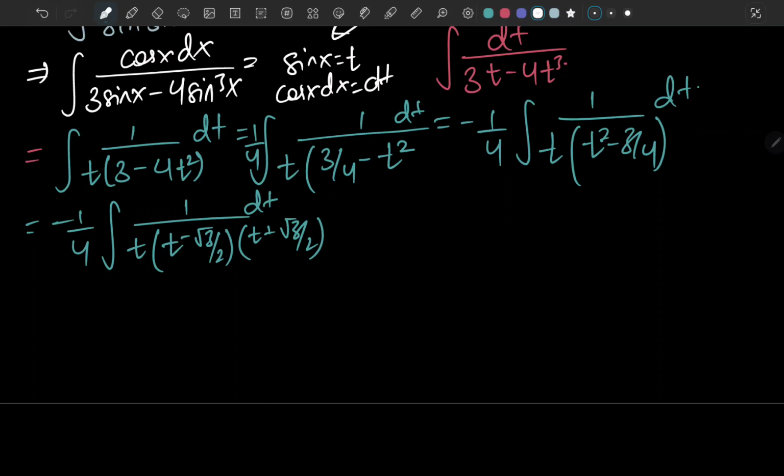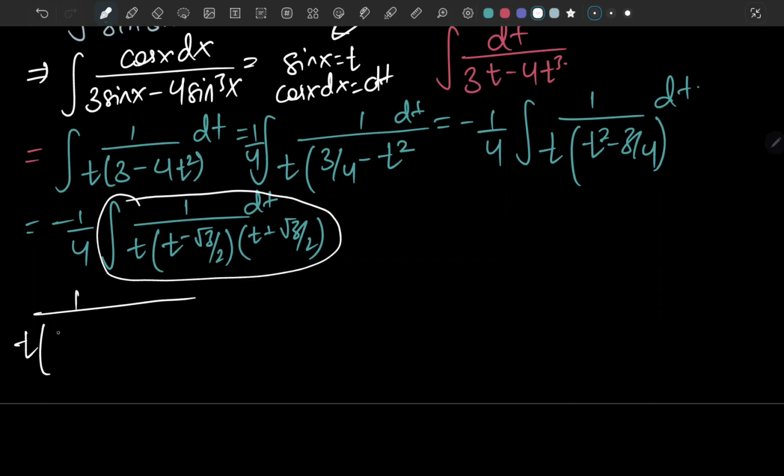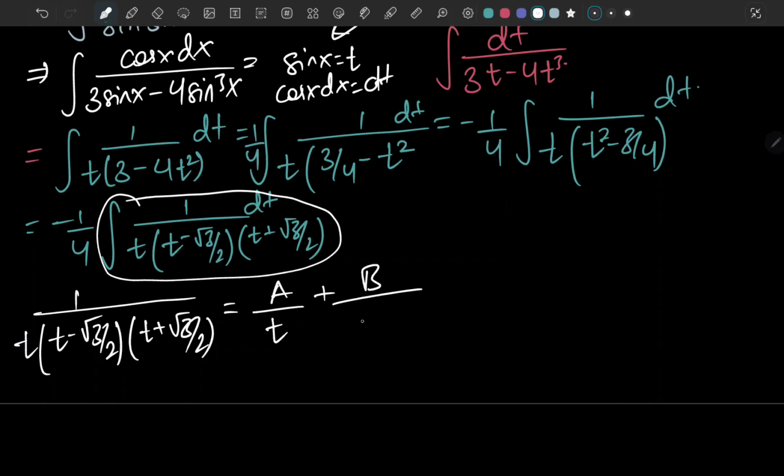So for this integral, I can just write it as, let me copy it down slightly, a over t plus b over t minus square root of 3 over 2 plus c over t plus square root of 3 over 2.